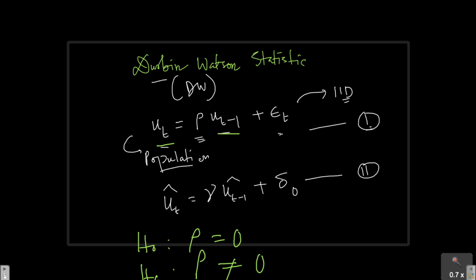All right, so now we know that we cannot estimate rho, we have to estimate gamma. Now how do we estimate gamma? Before I answer that, let me write down what the Durbin-Watson statistic is in the first place. I write the DW statistic, and the formula is equal to: ut hat, the estimated error term corresponding to this period, and ut minus 1 hat, the error term of the past period.